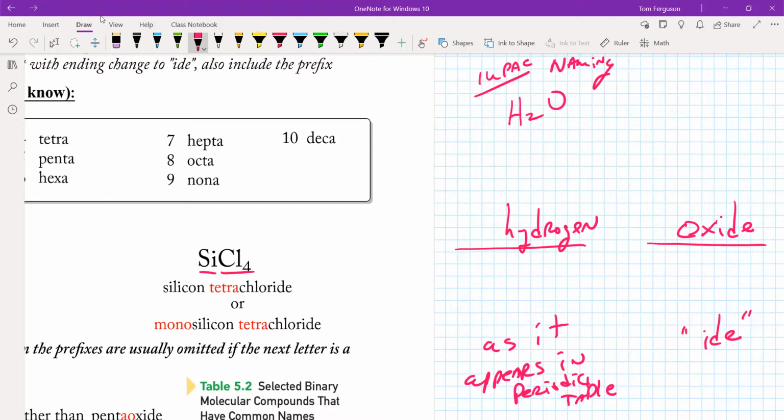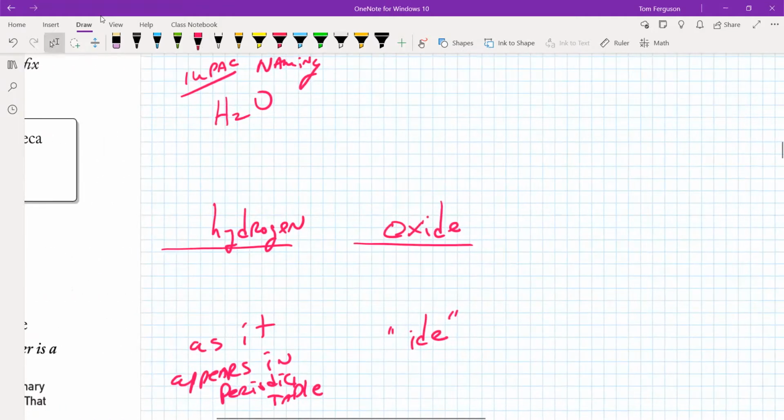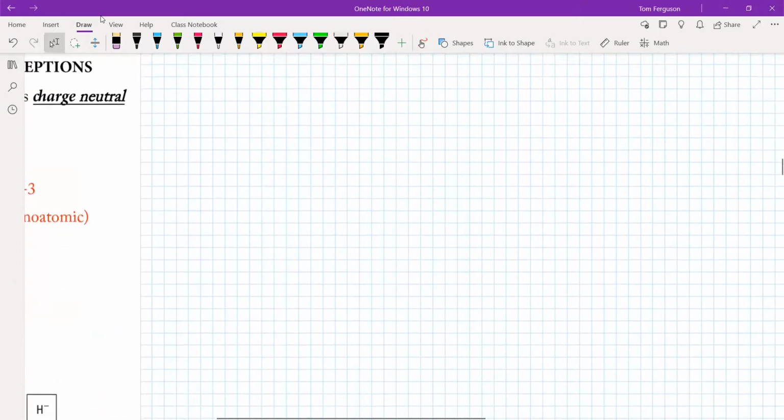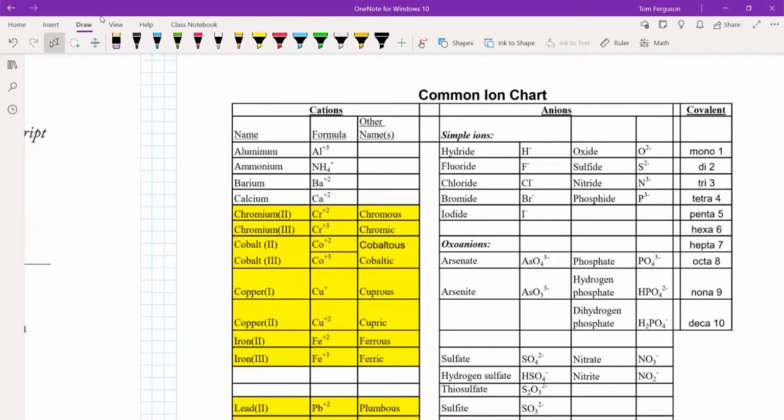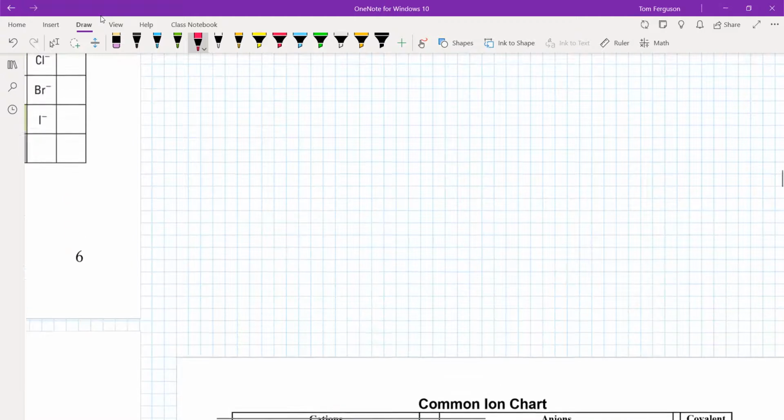Now I've included a common ion chart. And this is what the ides you're going to be using for the second part of the molecular name.